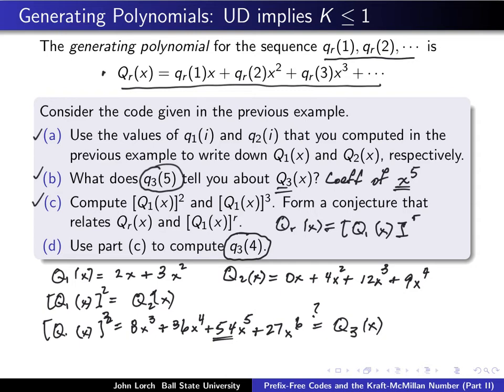And instead of doing a bunch of counting, maybe we should just look at this polynomial that we just computed, which we are purporting is capital Q sub 3 of x. Little q sub 3 of 4 here should be the coefficient of x to the 4th in q sub 3 of x. So if our conjecture is correct, then this number, little q sub 3 of 4, without doing any counting work, should be 36.